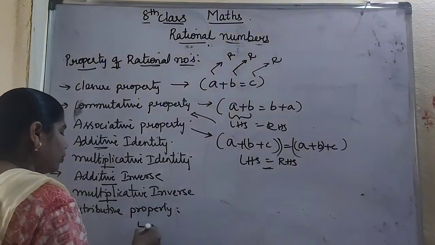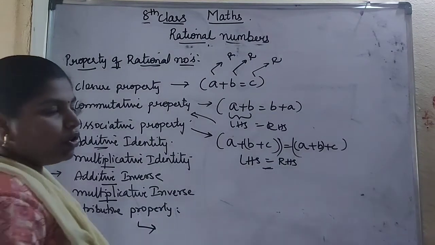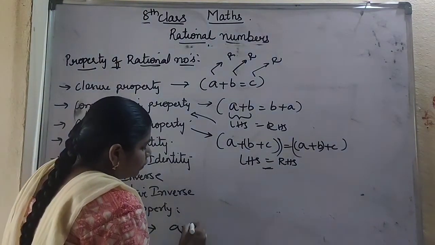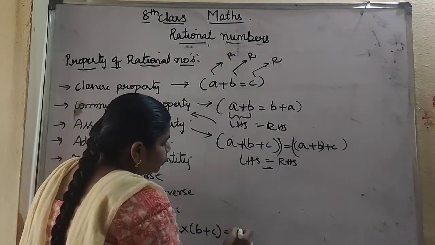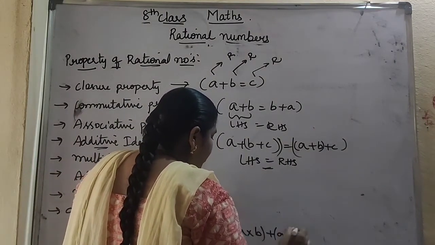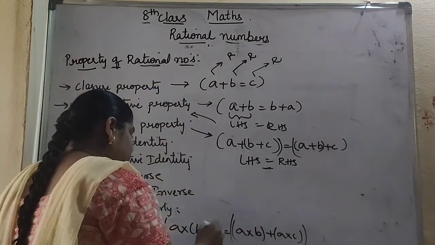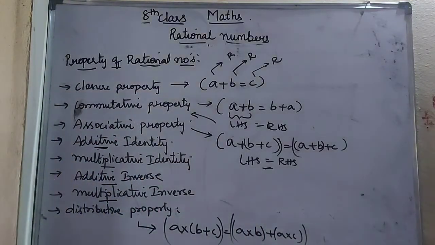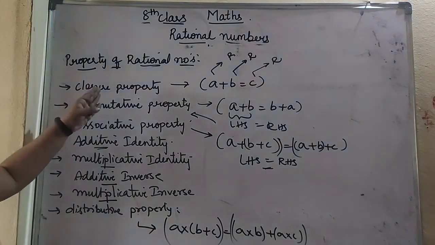What is distributive property? You already know it. The general form is A into (B plus C) is equal to A into B plus A into C. You have learned this in earlier classes.